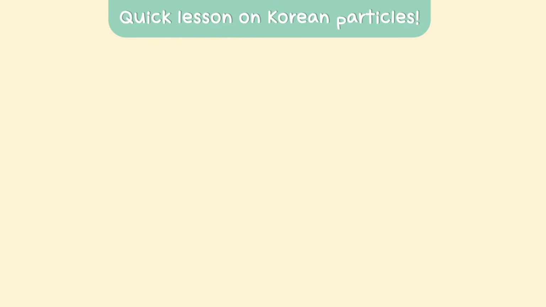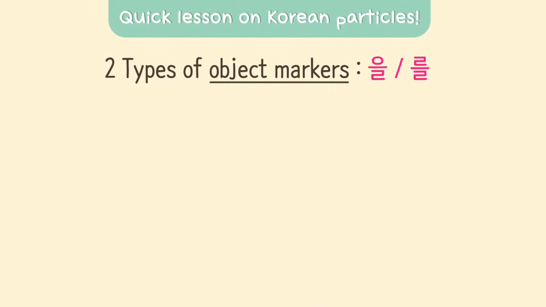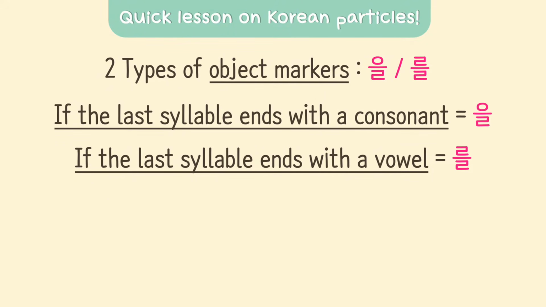Quick lesson on Korean particles. So there are two types of object markers in Korean, which are 을 and 를. If the last syllable of the word ends with a consonant, we use 을, and if the last syllable ends with a vowel, then we use 를. And here's an example.